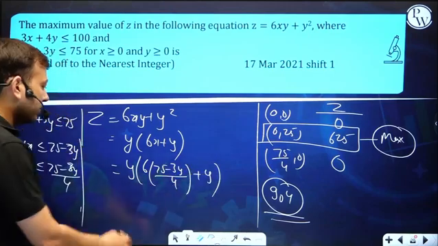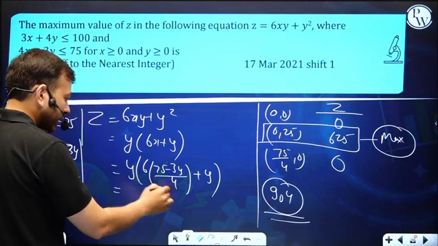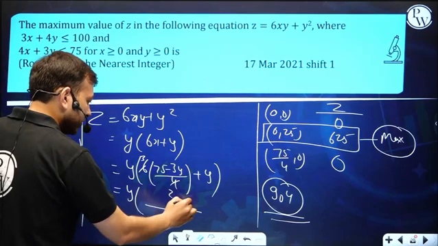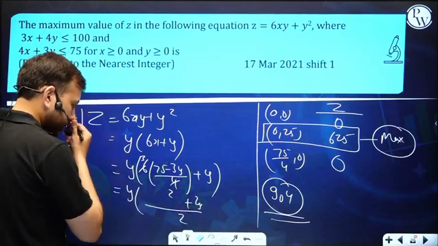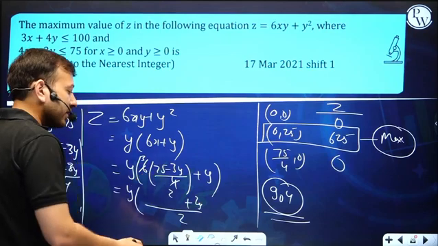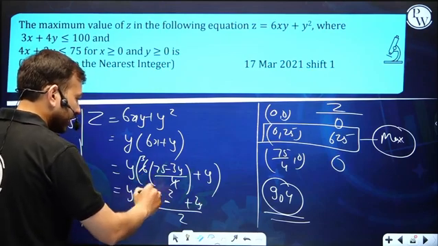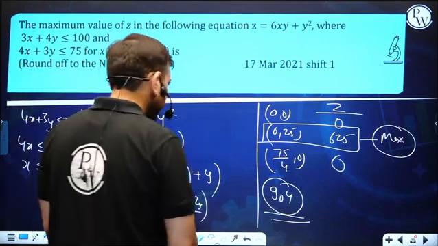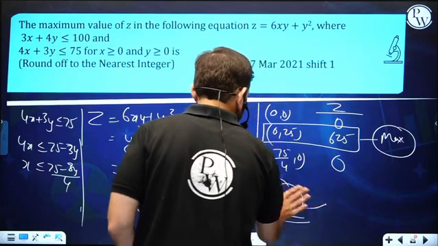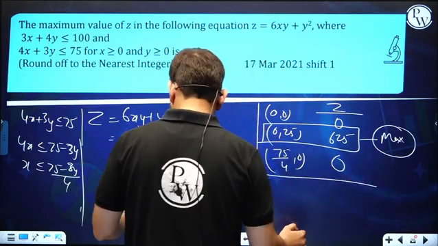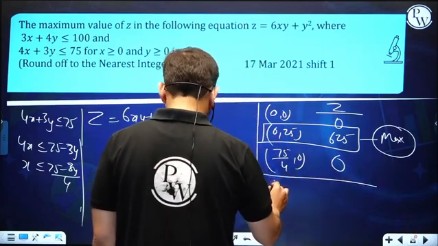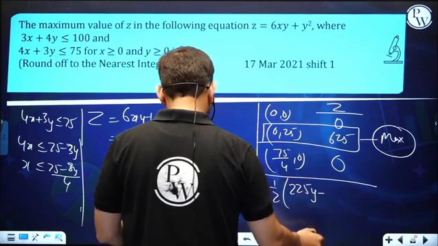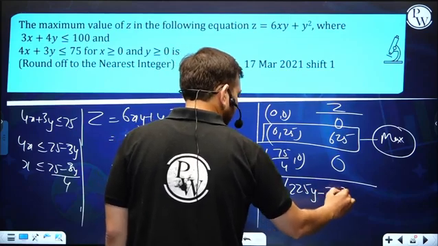Now if you multiply, 2s are 2s, 3s are 3s. Here 3 into 75 is 225, minus 3 3s are 9y. So finally you will get something like 1 by 2 into (225y minus 7y square).